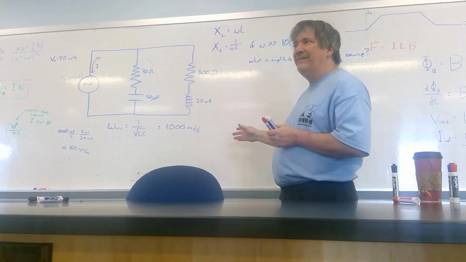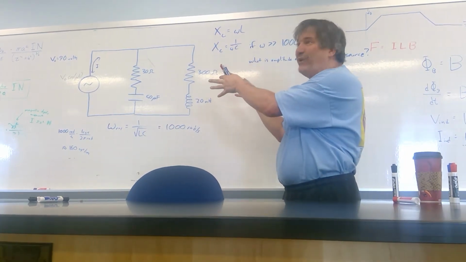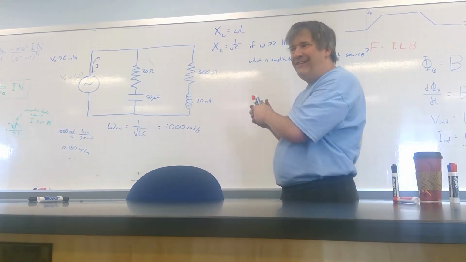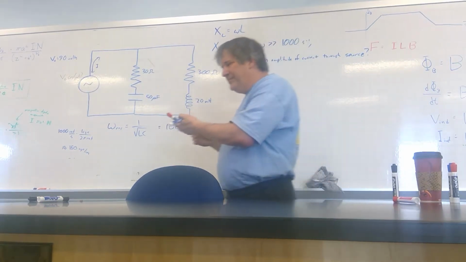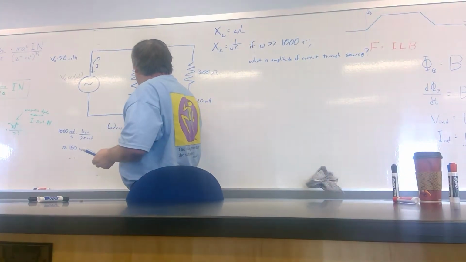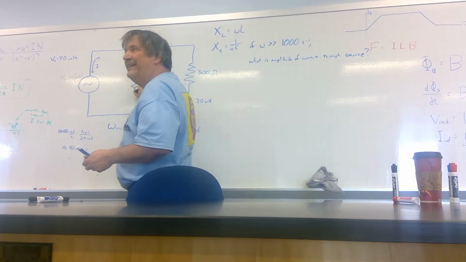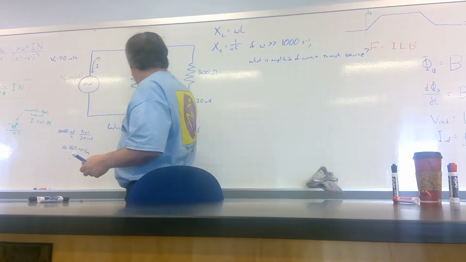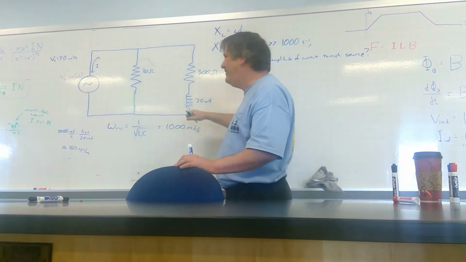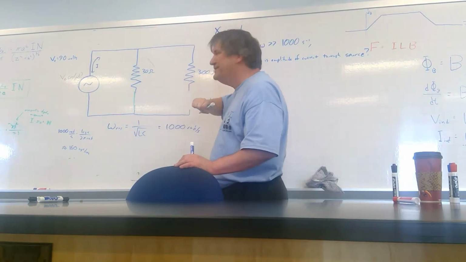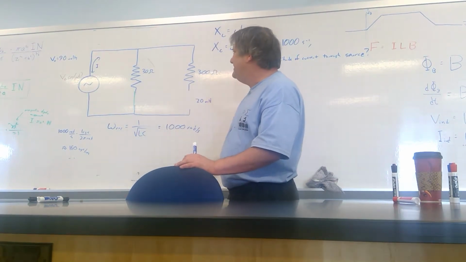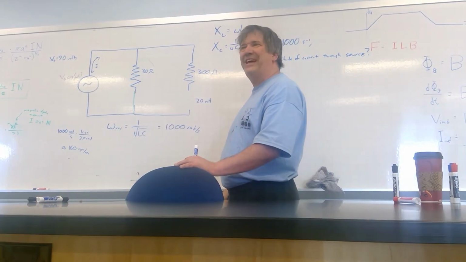It's going to go to infinity, which means this circuit, how could I redraw this circuit in a much simpler way? The capacitor actually becomes a wire, a short, and the inductor becomes a broken circuit. Hmm. So what's the amplitude of that current?